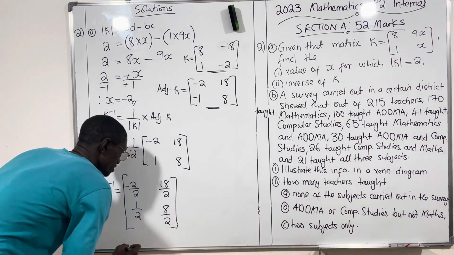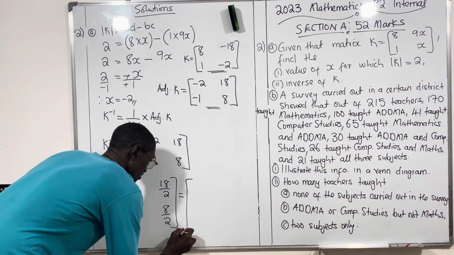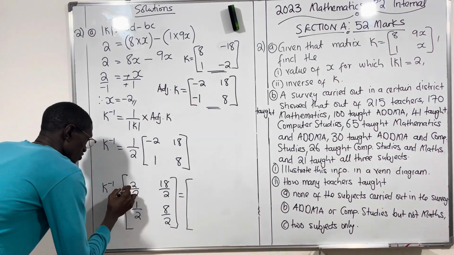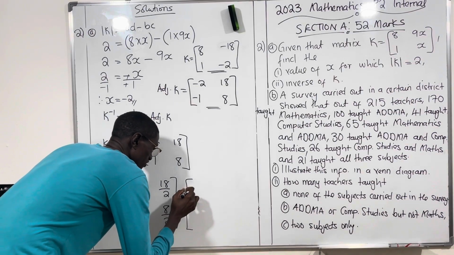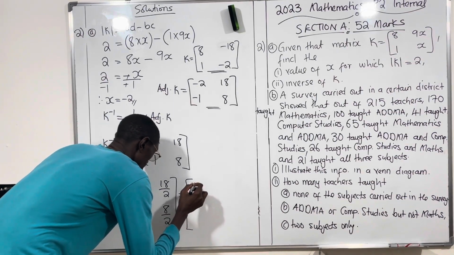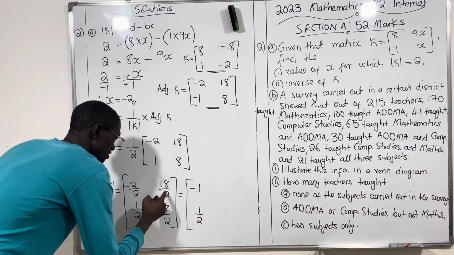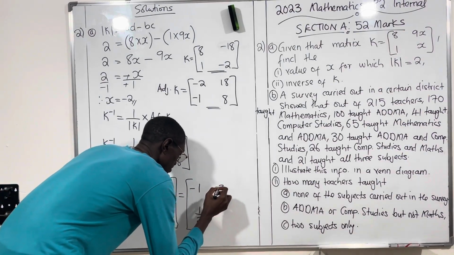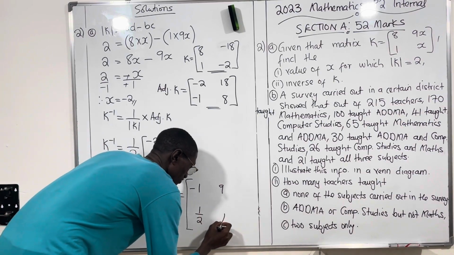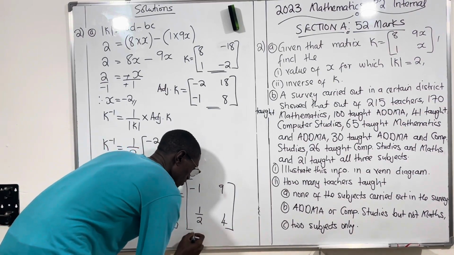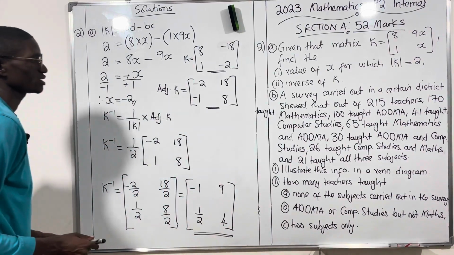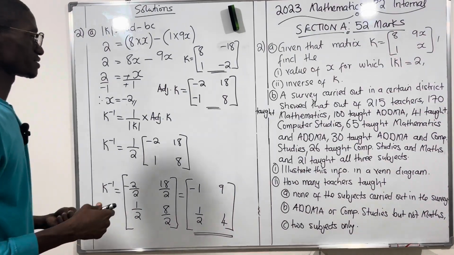And then we can go ahead and simplify the simplifiable values. So -2 divided by 2 gives us -1. There we cannot simplify, so we'll leave it as a fraction. And then 18 divided by 2 will give us a 9. 8 divided by 2 will give us a 4. So that then will be the final answer.